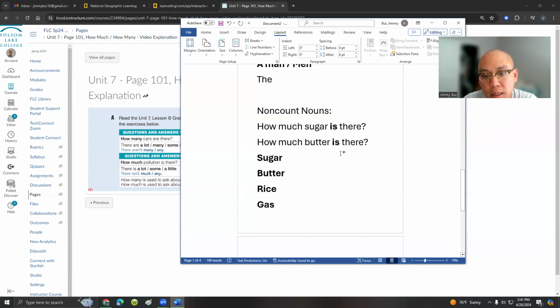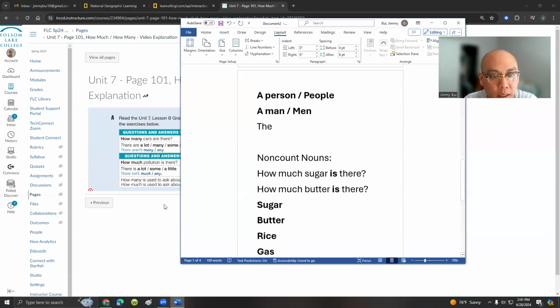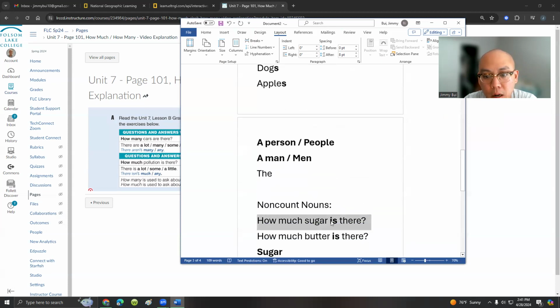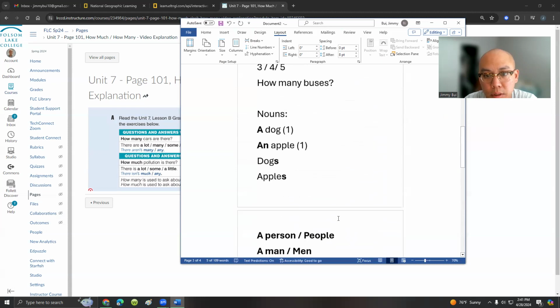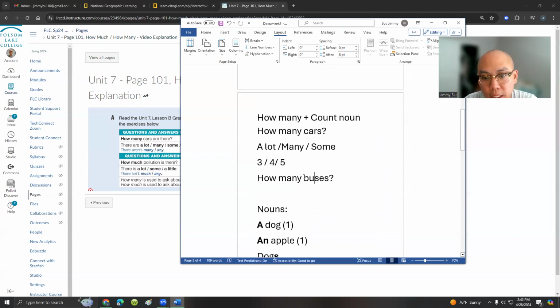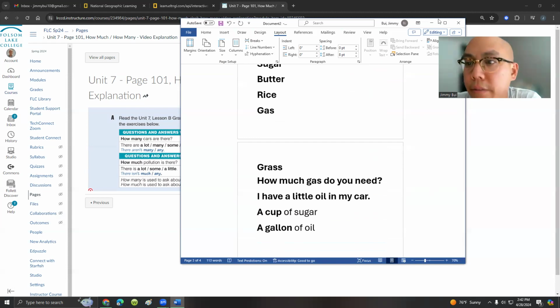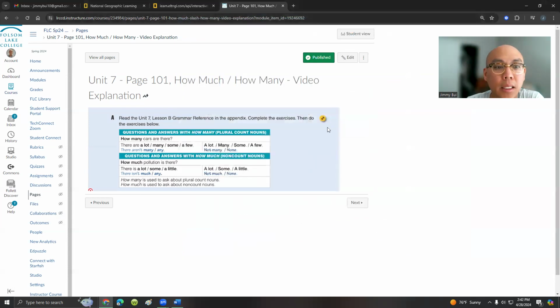How much sugar is there, right? And for count nouns, we use the verb be as are. How many buses are there? How many cars are there? Right? So hopefully this short video helps you understand how much, how many.